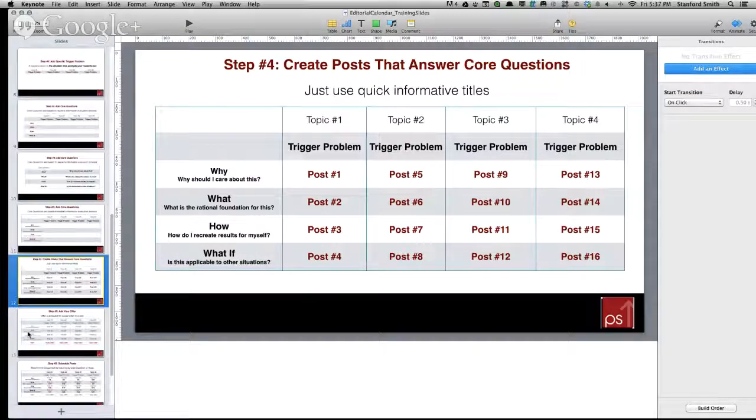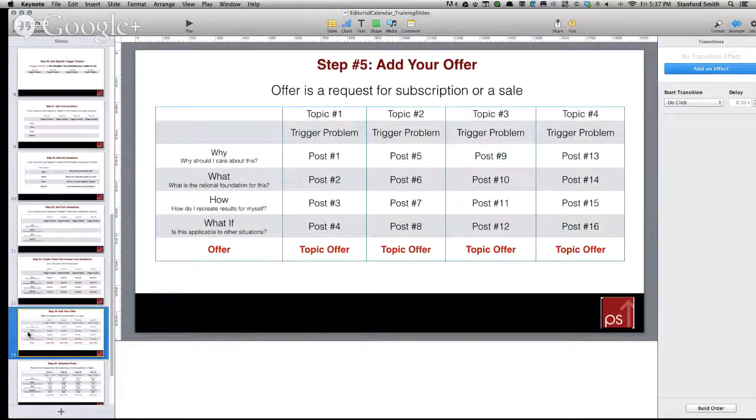Now I'm going to take you up another level on this. How can we make sure that these posts align with your offer, what you're selling, or what your main objective is? What I'm going to suggest, for step number 5, is to add a line to the bottom of this table, and at the bottom of this table will be your offer.